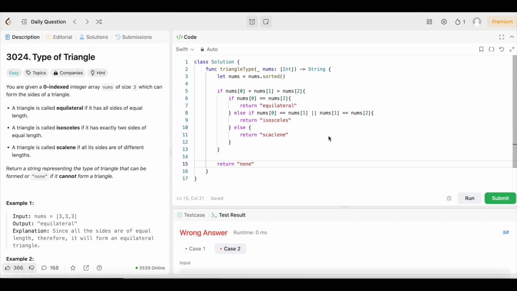So we have nums[0] equals nums[1], and nums[0] is equal to nums[2], and nums[0] plus nums[1] greater than nums[2]. Give me a second, y'all. Sorry about this.